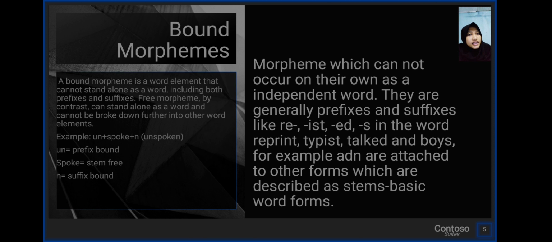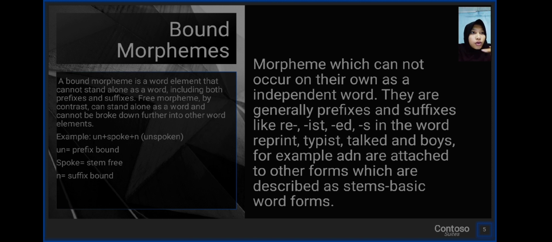For example, unspoken. In unspoken, un is a prefix, a bound morpheme; spoke is the stem, free; and en is a suffix, bound.